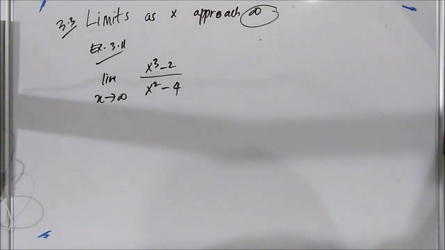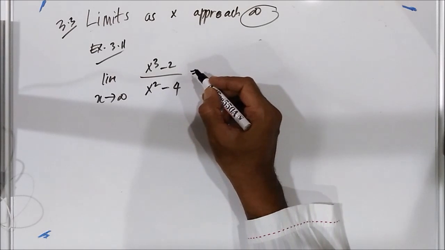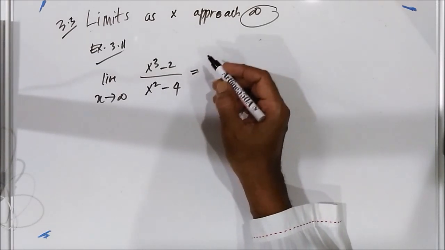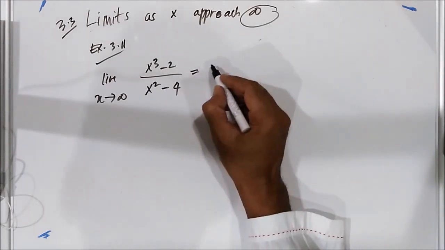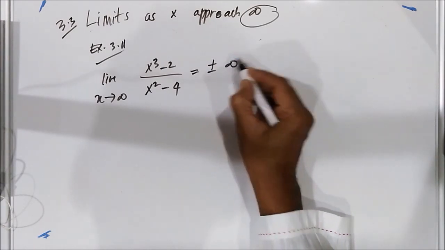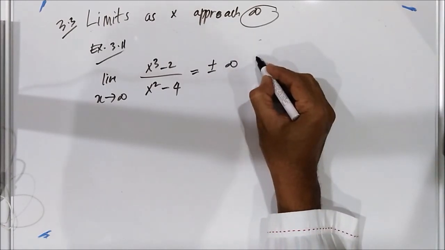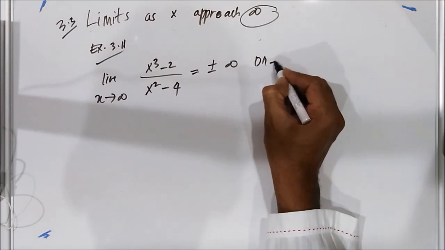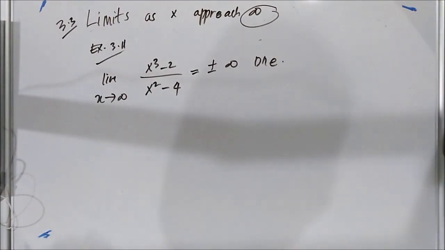If the denominator's power is smaller than the numerator's, the limit does not exist. You can put here that the answer is positive or negative infinity, or the limit does not exist.